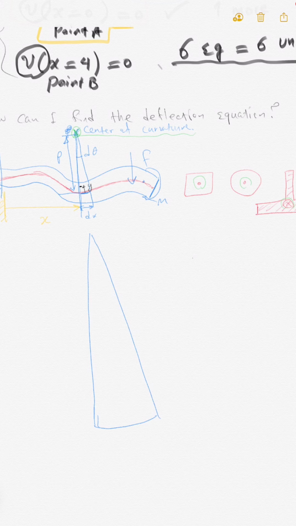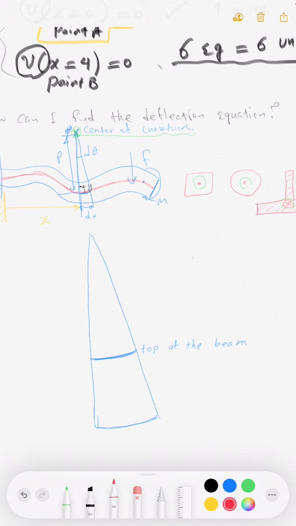So this is the top of the beam, and then this is also, probably I need to use a red color, my neutral axis, which I originally drew in red. Let's write it here: neutral axis.